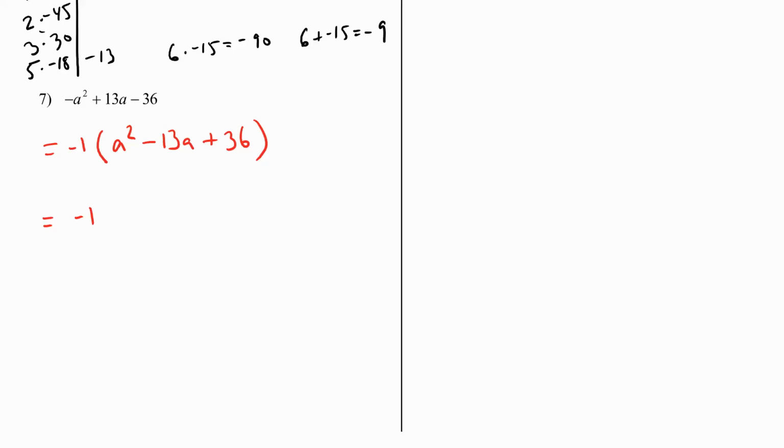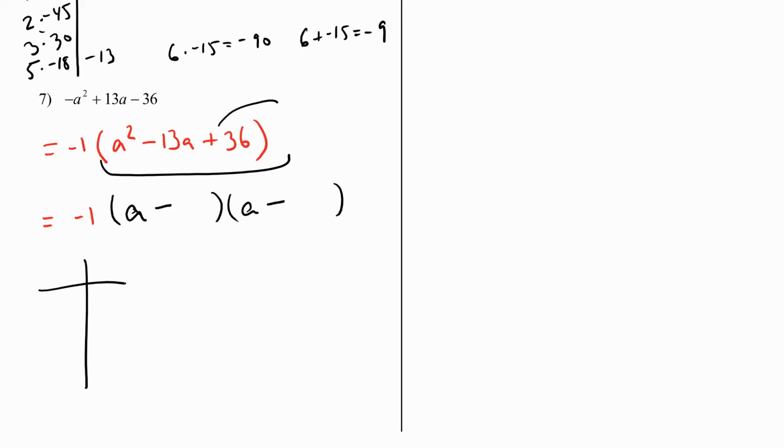All right, so we're going to find two things that multiply to be this. We know it's got to be a times a to get a squared. We want two numbers that multiply to be 36 that add up to be negative 13. To get a negative sum with a positive product, they both have to be the same sign value, and we can just start listing those factors.